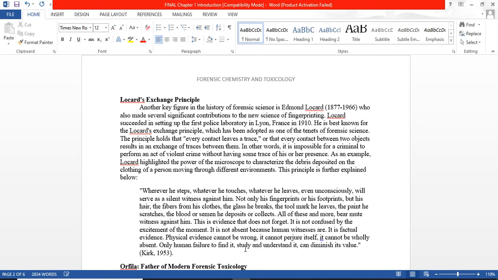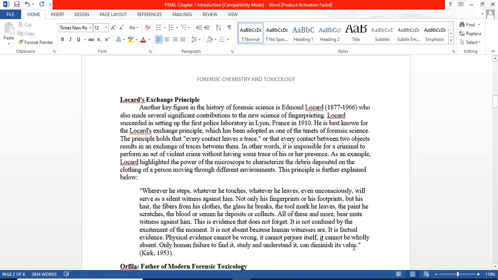Okay? Okay, it will serve as silent witnesses. Kay hindi nila mapamatud-an ng mga witness nga na kung as investigator wala mo na kita. Therefore, ang last nga part nga ni is only human failure to find it. Okay? Study and understand it can diminish its value or mapanubo ang iya nga value.